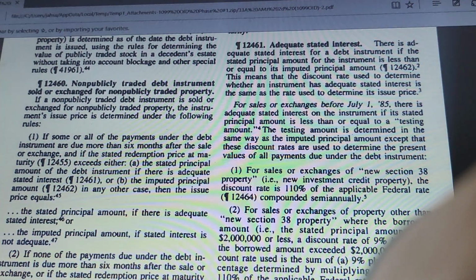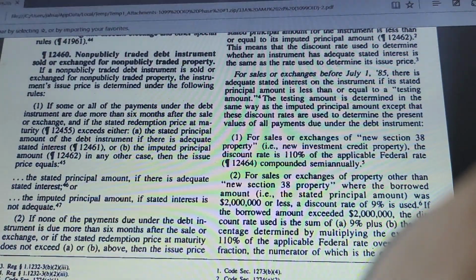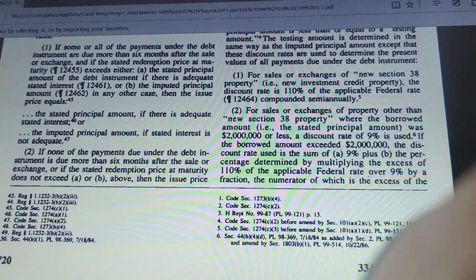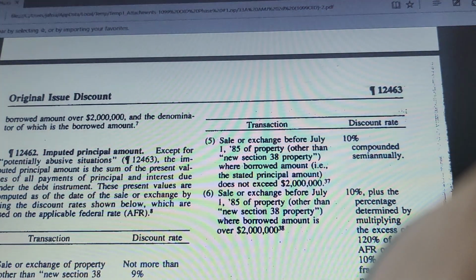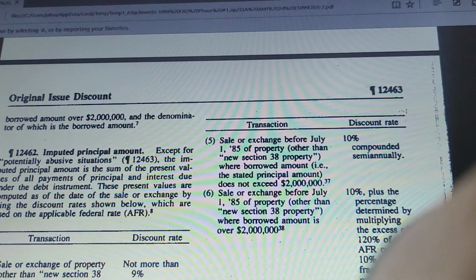If the borrowed amount exceeds $2 million, the discount rate used is the sum of A, 9%, plus B, the percentage determined by multiplying the excess of 110% of the applicable federal rate over 9% by a fraction, the numerator of which is the excess of the borrowed amount over $2 million, and the denominator of which is the borrowed amount.